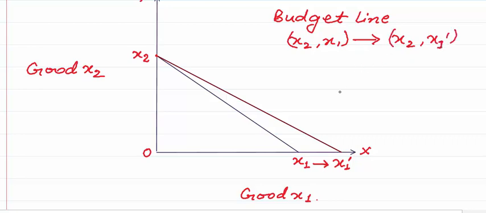Now we can also see that the slope of the budget line X2 X1 is steeper than the slope of the budget line X2 X1 prime. This means the budget line has become flatter.